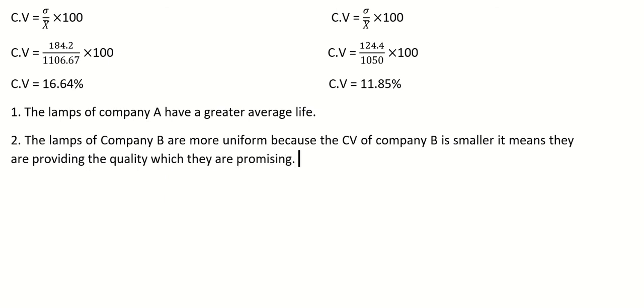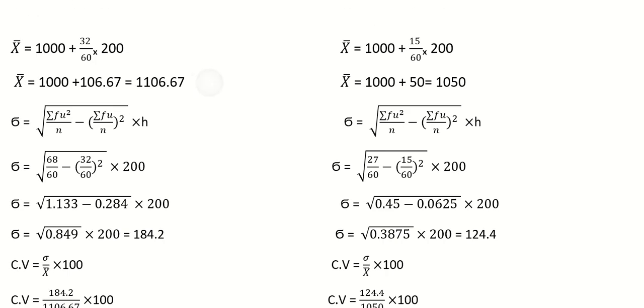But in case of company A, it is not necessary that the maximum number of lamps will sustain for these many hours. But in company B, the maximum number of lamps will sustain for 1050 hours. So whatever company B is promising, they are fulfilling it at a better rate, right? So this is what CV does. As you can see here, when we calculated CV, the whole scenario has changed. So this is the benefit of calculating coefficient of variation.